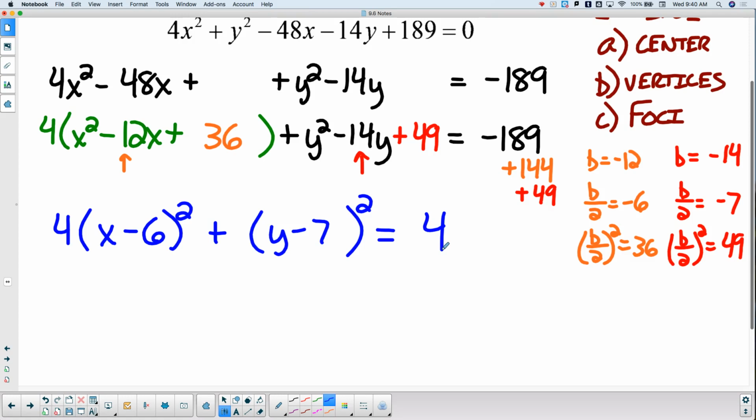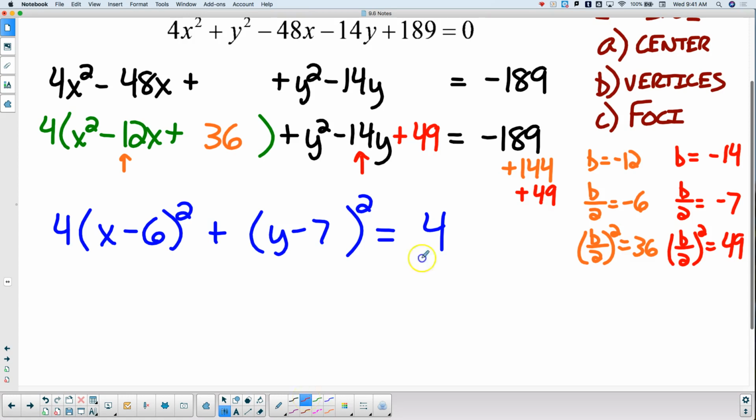Over a squared, keep going, plus y minus k quantity squared over b squared. Here's the kicker, here's the important part, equals 1. So the general form of an ellipse equals 1. How can I get this blue equation to equal 1? Divide every term by 4, right?